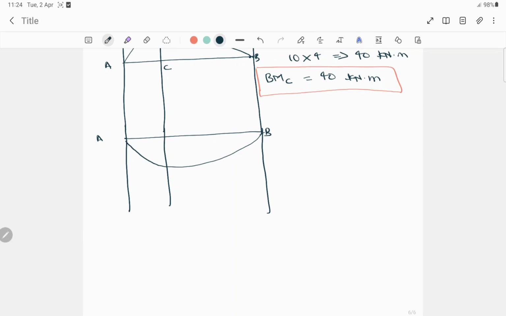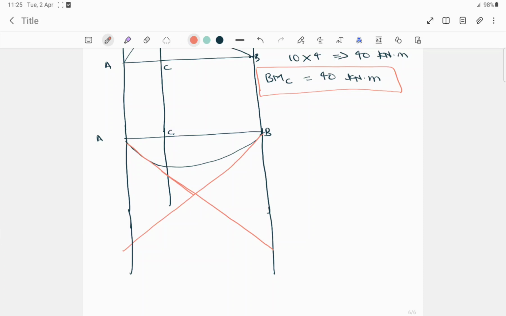Now what we have to do here is draw a tangent line from B to this point. Let us trace the line from here to here, and from A up to this line. So now it is a tangent.